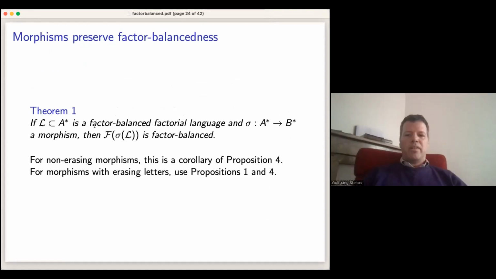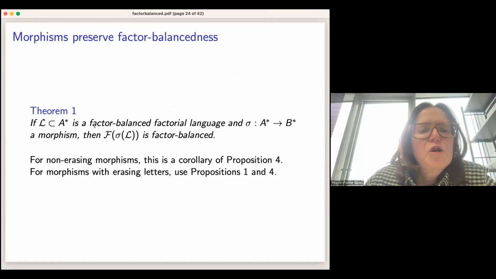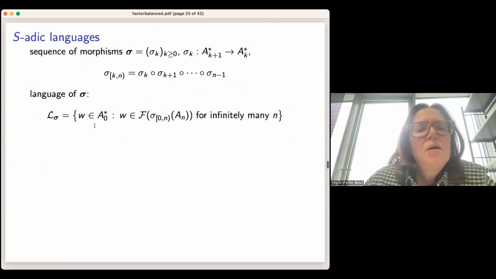Okay. So the second question is a minor question. In the definition of the language associated to an adic shift, you say that you keep the words that are factors of images of sigma 0n for infinitely many n. If you remove the infinitely many n, does it change a lot of things?